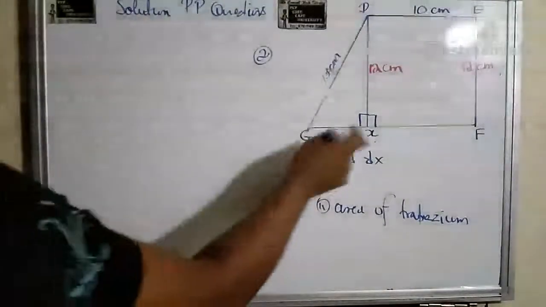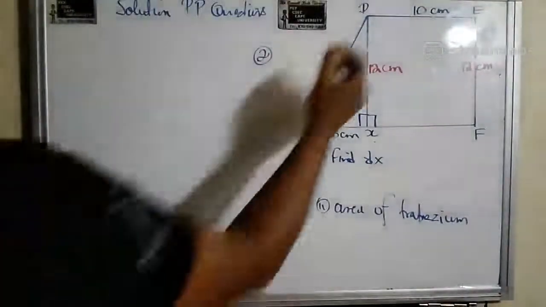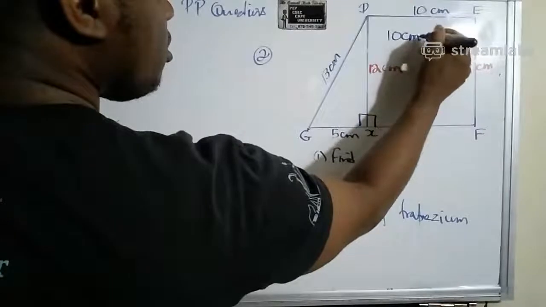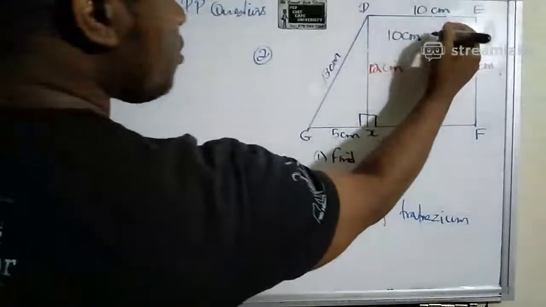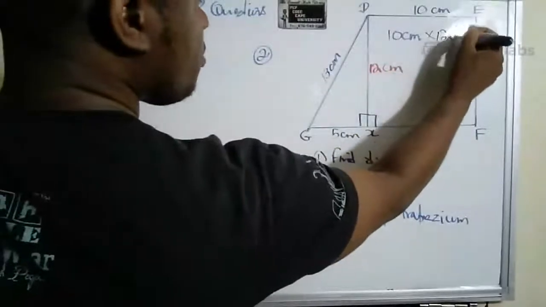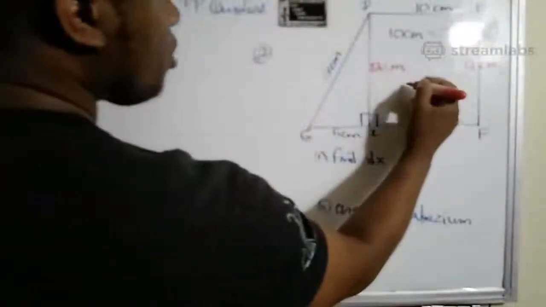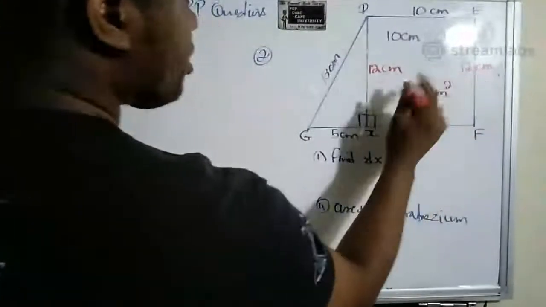Alright, so let us find the area of the rectangle. So the length is 10, so that's 10 centimeters. And we calculate this to be 12, so that's 12 centimeters. So 10 times that will give us 120 centimeters square. Remember, it's the area, right?